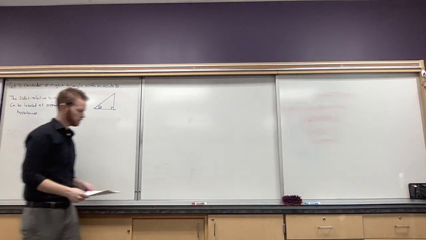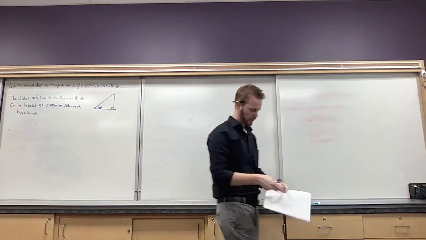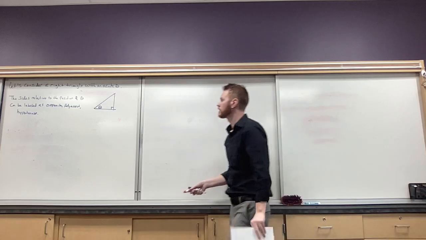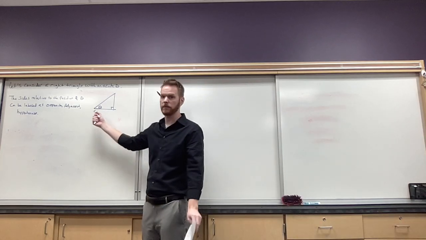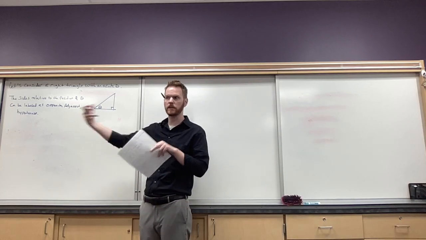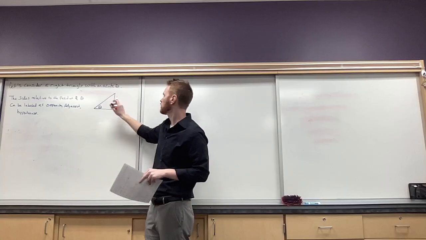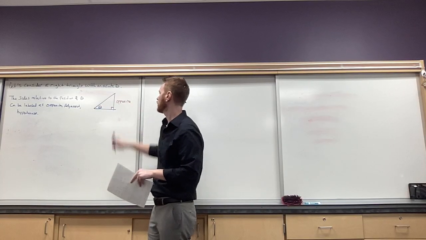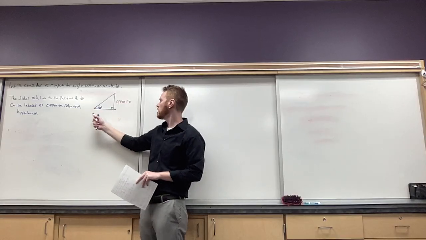Okay? We'll use a different color here. So there's my angle. Okay, first, opposite. Okay, what side would be opposite of that angle? It's going to be across from it. So we're going to call this the opposite side. Okay? With respect to theta.